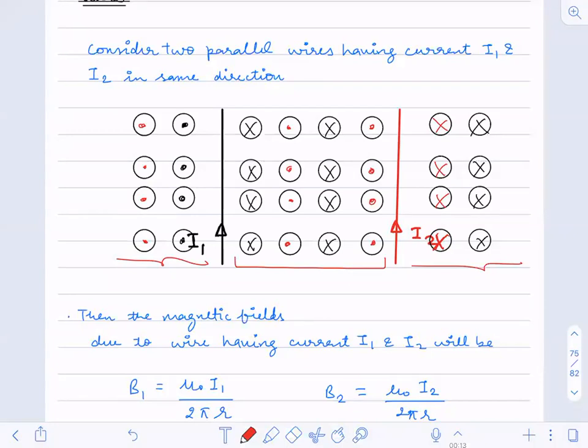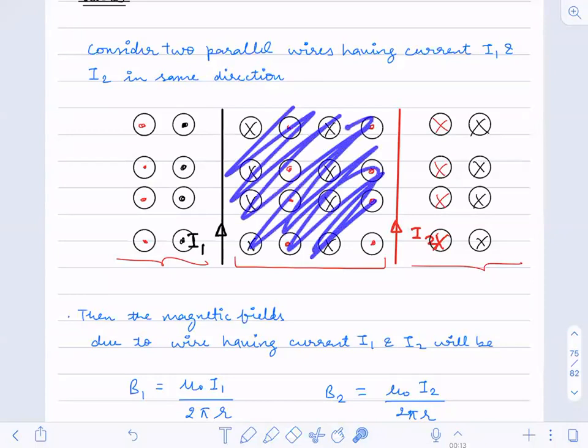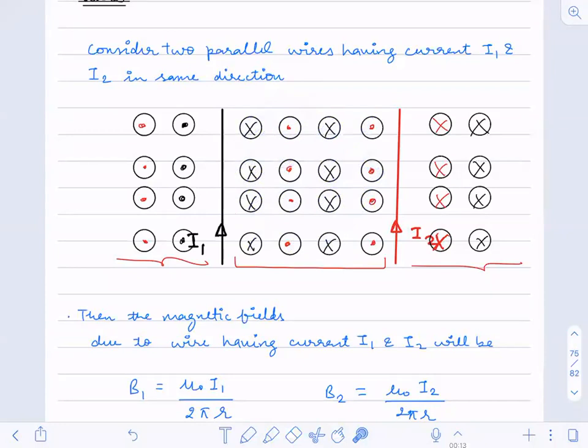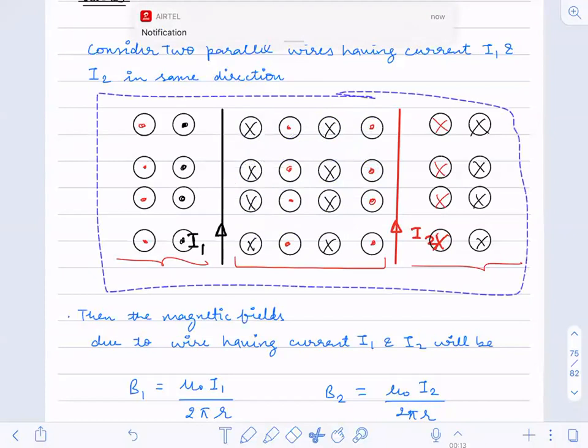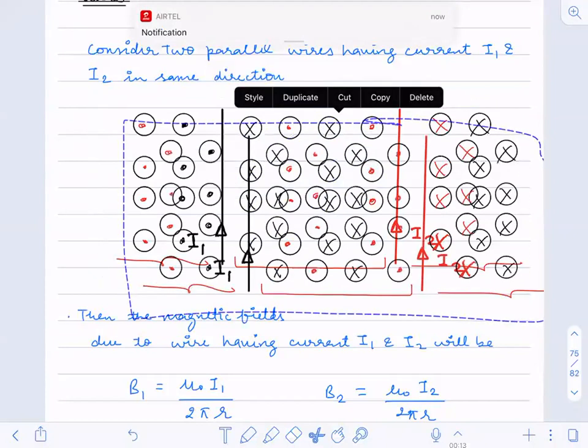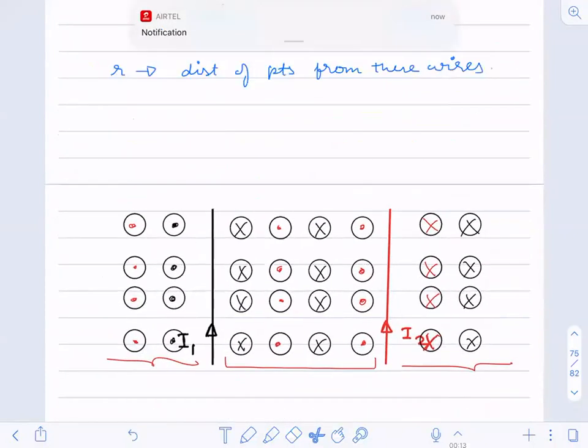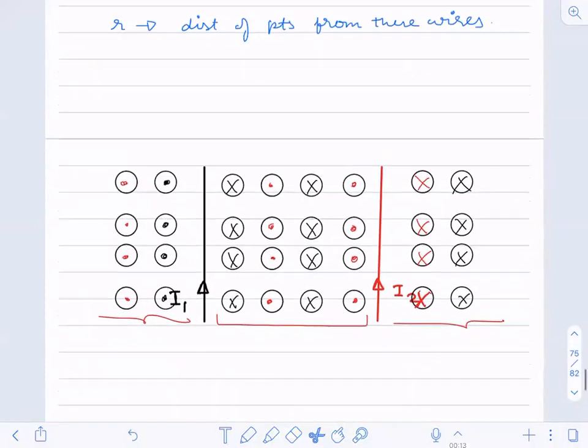Okay. Now we have to focus within this region only. Is it okay? Now, just see here.